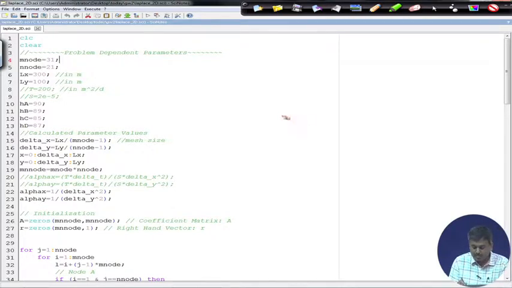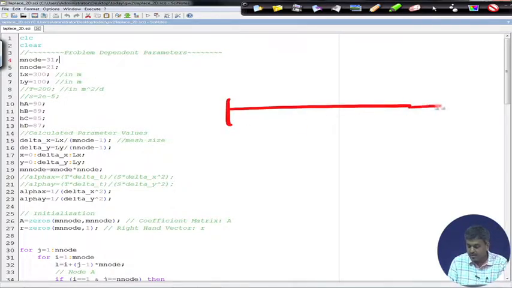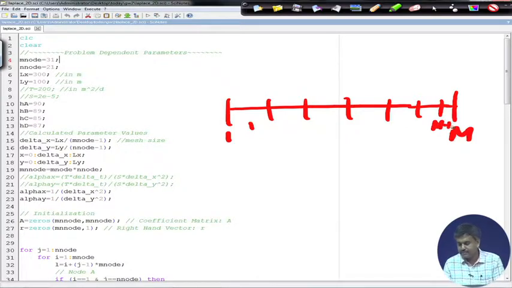Your segment number will be less than your node number. The nodes are numbered from 1 to m, so obviously you will have m minus 1 segments in between. That is why I am dividing it by m minus 1.